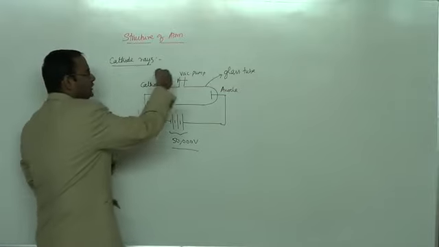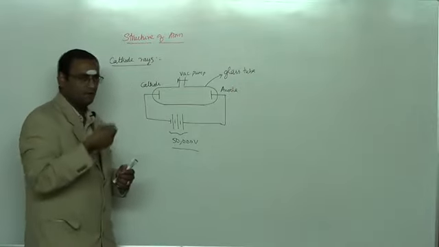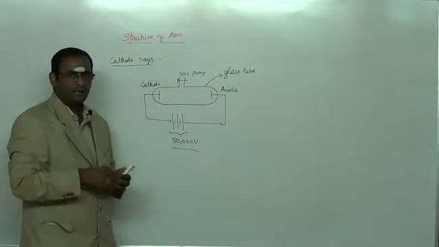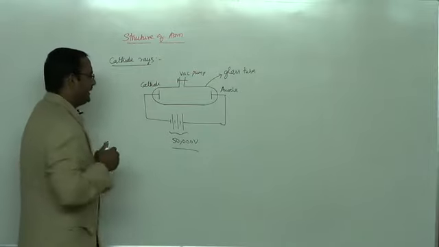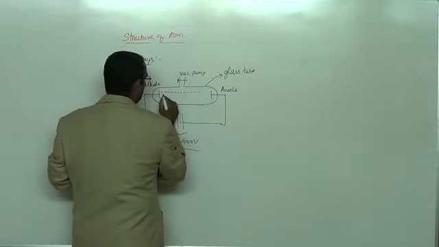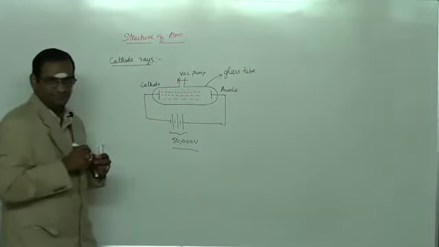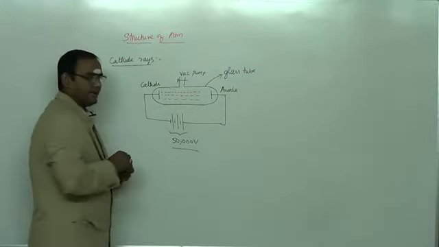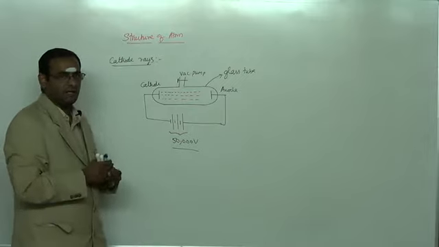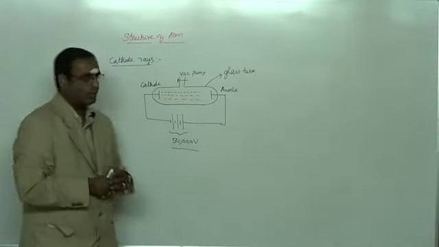Now, when you slowly remove the gas from inside to outside using your vacuum pump, what happens is there is an appearance of a glow from your cathode to anode. There is a system of particles which are coming out from cathode and reaching the anode.